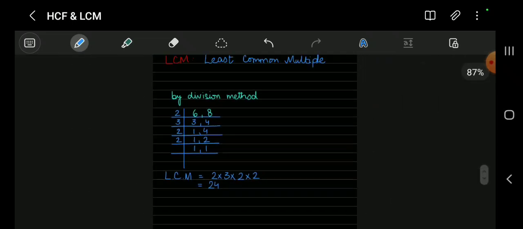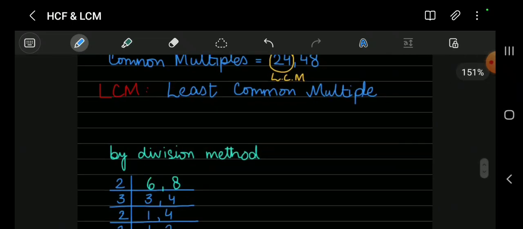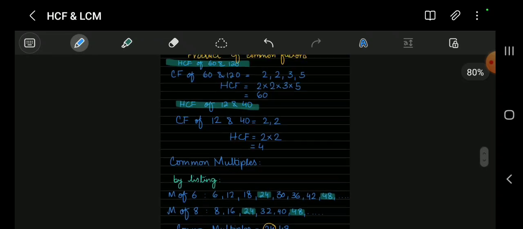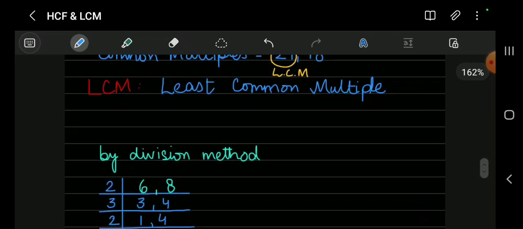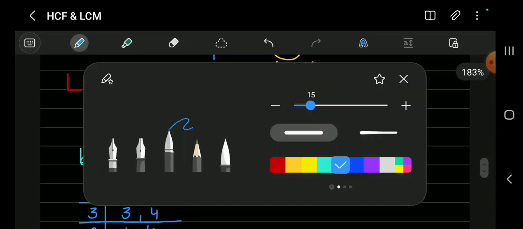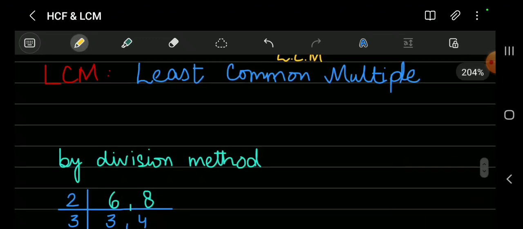Okay, so what is actually the definition of LCM? As in the HCF, the product of common factors is HCF. In case of LCM, the product of all common and uncommon factors is LCM.